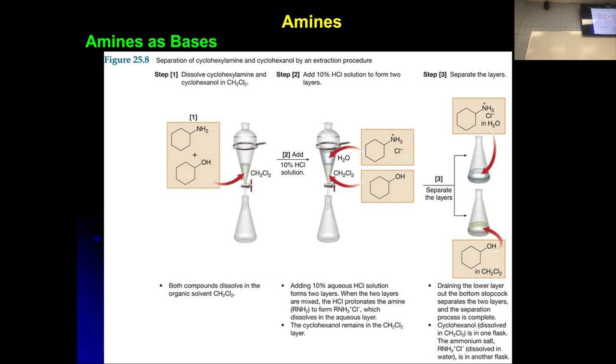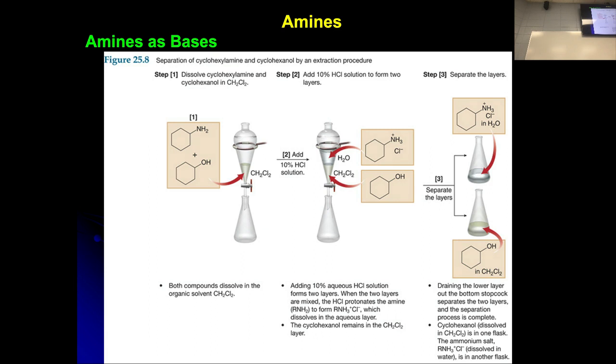And we can use this to our advantage. So, if I have a mixture of an amine and an alcohol, okay, I've got an amine and an alcohol, and I look at those, right? How many carbons do I have for each functional group? In both. Same number, yeah, which is what?